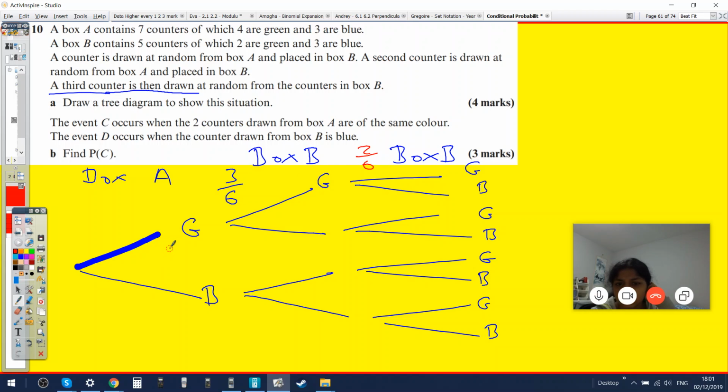So it was initially 4 over 7. Box B had a total of 7 counters, did it? Sorry, no, 5 counters. And you added a counter from box A.